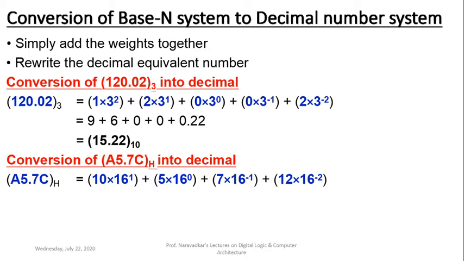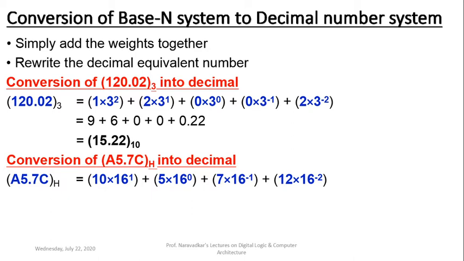To the left side of the hexadecimal point I have 5 and then A on the extreme left, which is always represented with a power of 16 raised to 1. But as we know, A is nothing but 10, the digit A in hexadecimal is equal to 10 in decimal.